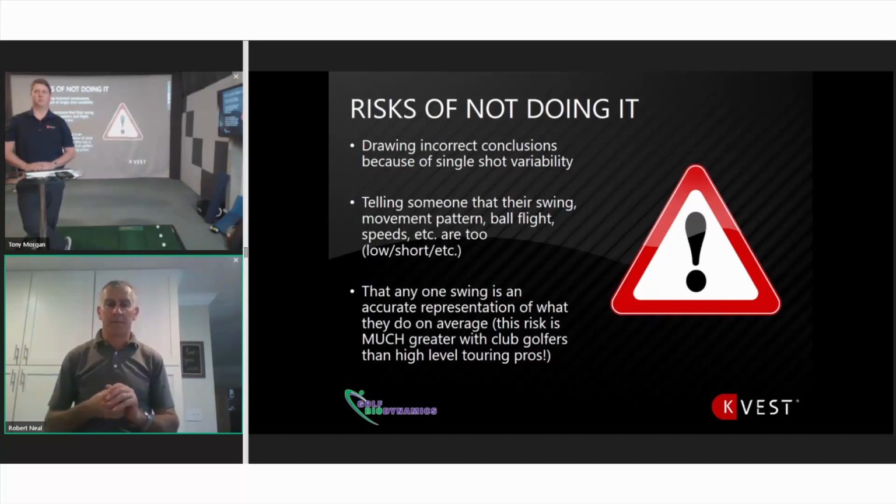And lastly, if you take what they do on average, there's much less risk of you making an error in your judgment and your assessment of that player. That's why I've done that right from the beginning. When I started Golf Biodynamics way back in 2000, I wrote my own software, and I always wrote it for multiple swings.